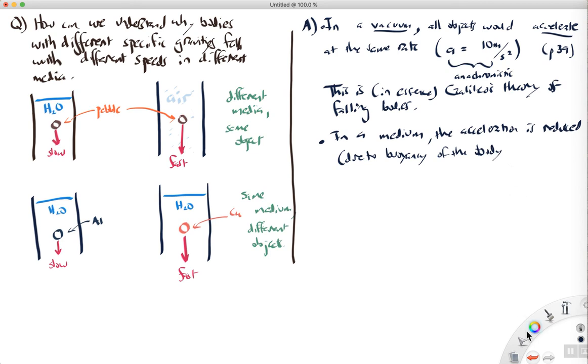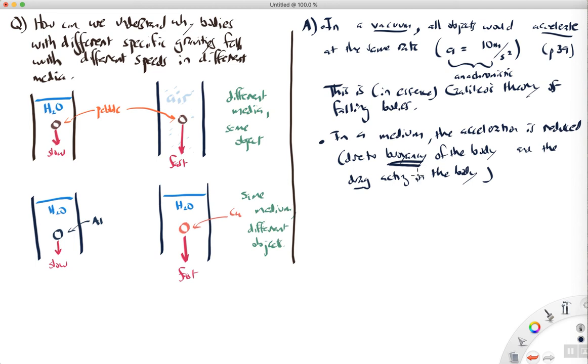That's point one, the buoyancy of the body and the drag acting on the body. In what follows, we are going to focus on this effect.